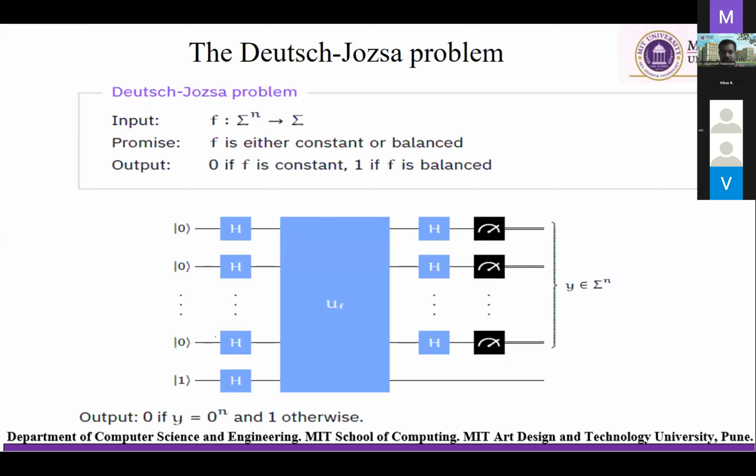If you observe here, these input lines are extended. These input lines are nothing but the n number of inputs. Suppose your n is equal to 5, then definitely the total number of input lines will be 5. The problem promises that f is either constant or balanced. We have to check: if the output is 0, then we can say that it is constant, and if it is 1, then we can say that it is balanced.